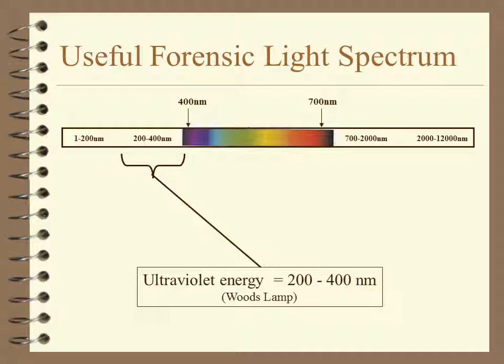Okay, in the 200 to 400 nanometer range, you're going to find things such as shortwave ultraviolet and long-wave ultraviolet. It's this long-wave ultraviolet that's commonly referred to as a Wood's lamp. And Wood's lamps were used in medical diagnostics to diagnose eye injuries.